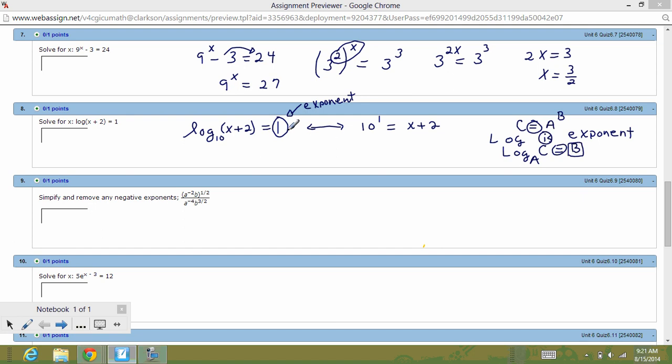And they've identified what the power is. The power is 1. Now, from here, you're in elementary algebra, right? Because you just bring the 2 to the other side by the property of the additive inverse. And 10 minus 2 would be 8. So x is 8. Right? And if you look at that expression, what that's saying is log base 10 of 8 plus 2 is equal to 1.